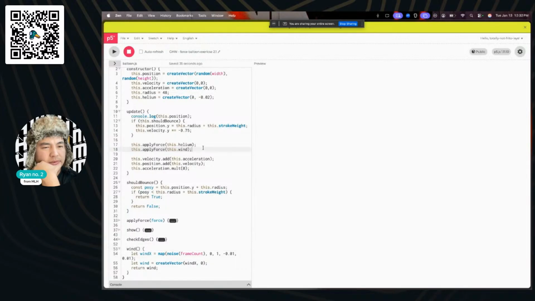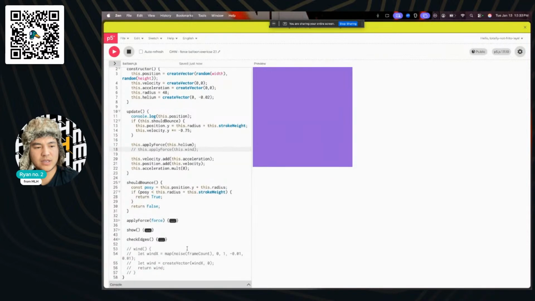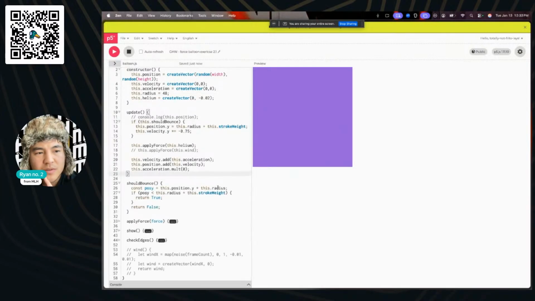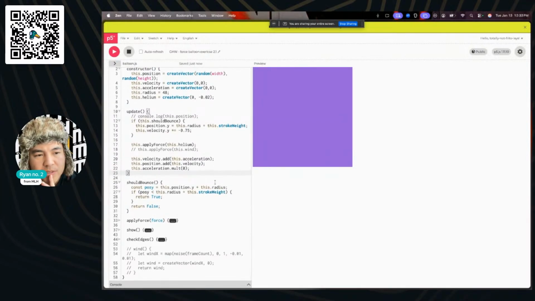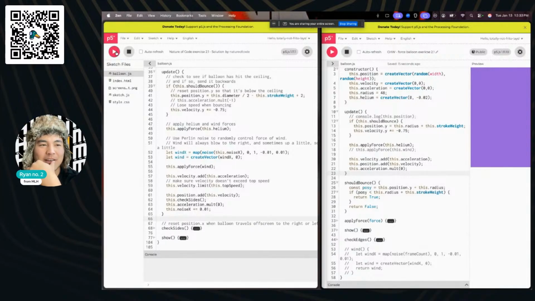This dot apply force. So hang on. If I just commented out wind, does this work? It looks like it's working. Nope. We still overwrote position somewhere. Okay. I'm not sure how much value we're really adding by digging this much into it.